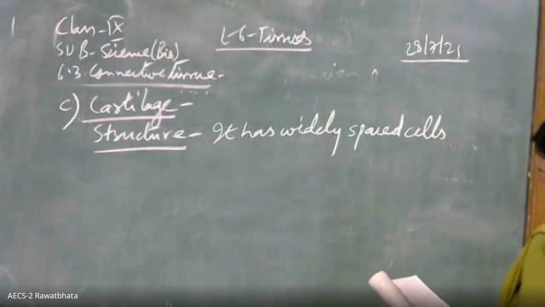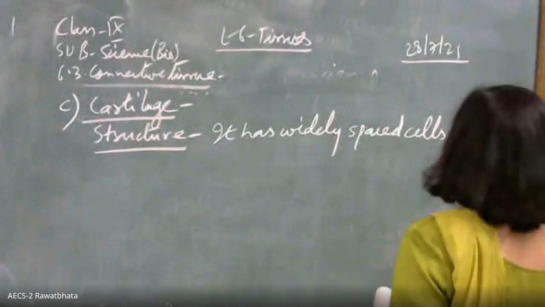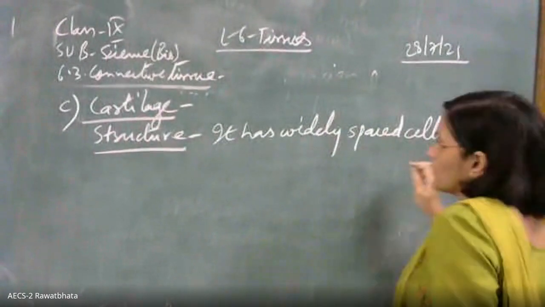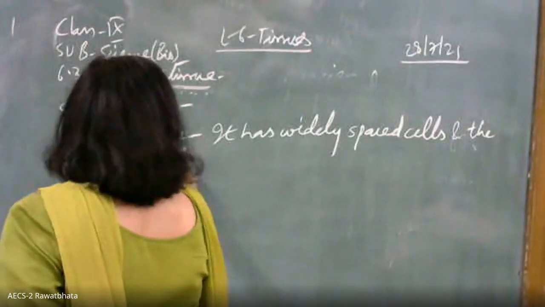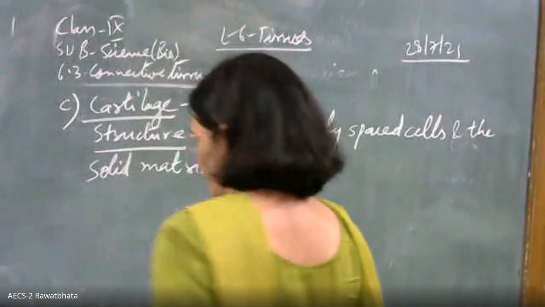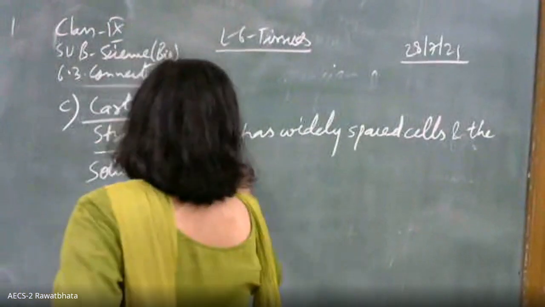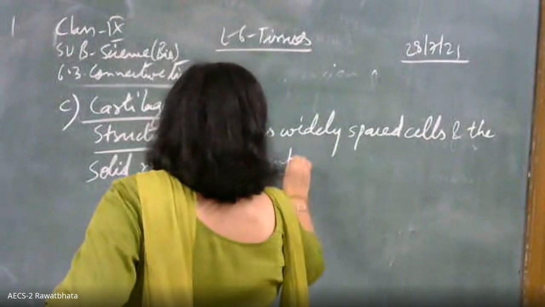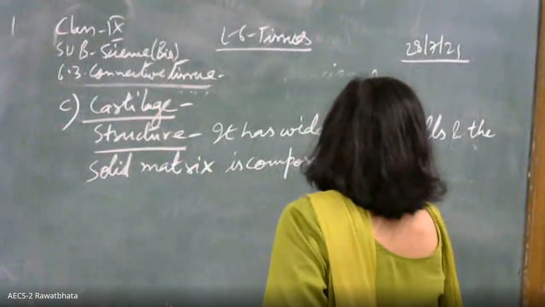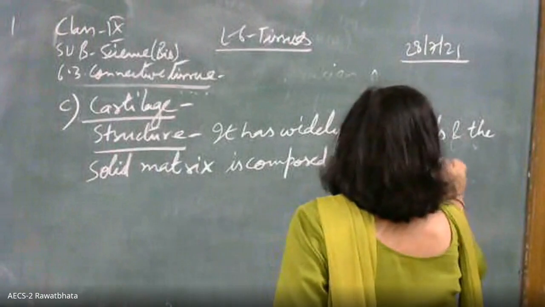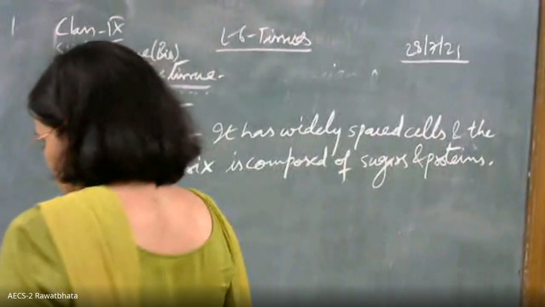As any connective tissue, it also has widely spaced cells, and the solid matrix is composed of sugars and proteins. That is its structure.